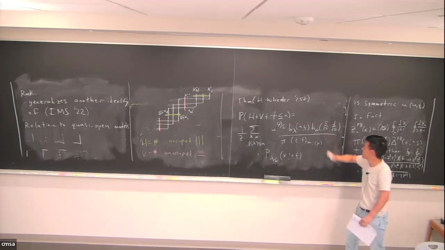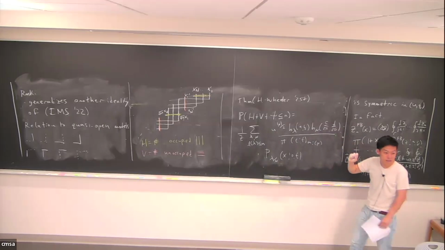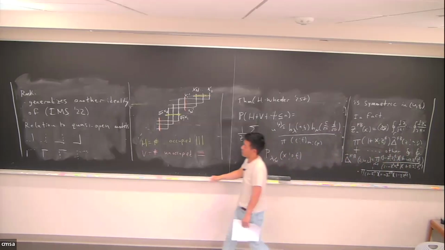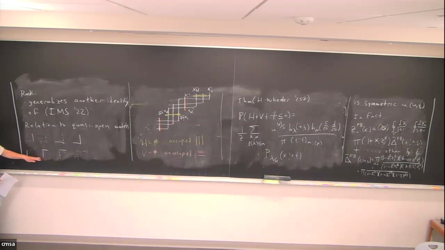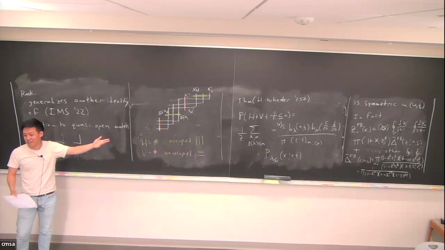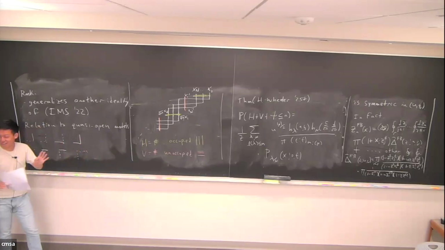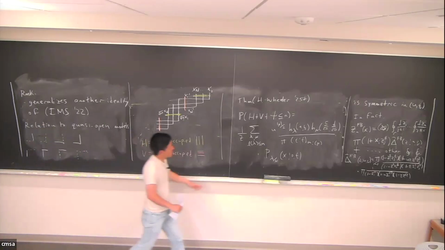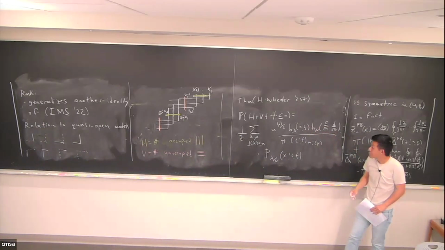I put in these two factors. The reason is you have these four parameters A, B, C, and D. They will correspond to the boundary parameters. So A and B will correspond to the boundary parameters here, and C and D will correspond to the boundary parameters here. And if you were at Jan's talk, they're the same A, B, C, and D that he had. I guess he only had two, A and C maybe, or alpha and gamma or something. But anyways, these play the role of boundary parameters.